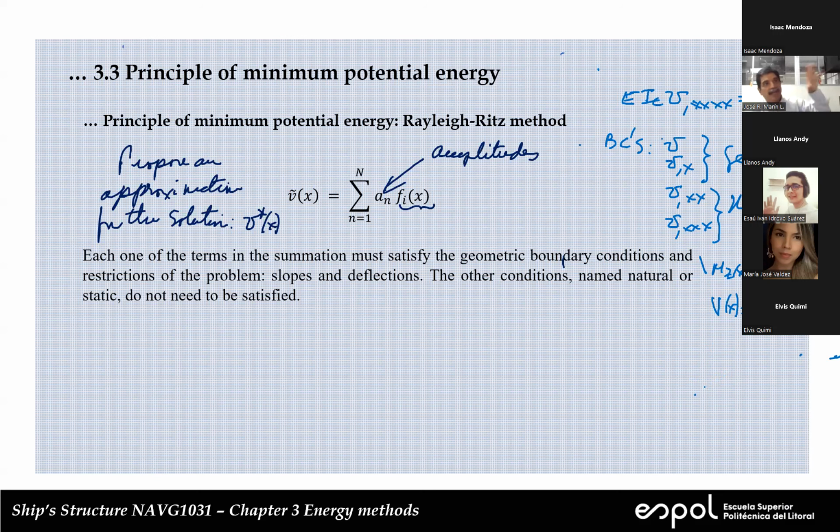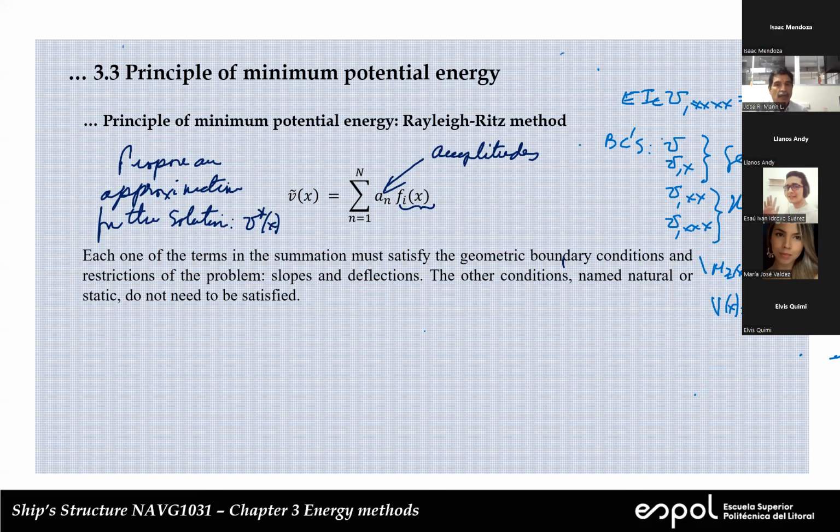Okay, so in each case we have to identify which of these boundary conditions are geometric, and we have to propose functions that satisfy these geometric boundary conditions. Now, let's assume that we can propose a function that satisfies the geometric boundary conditions. What do we do next?